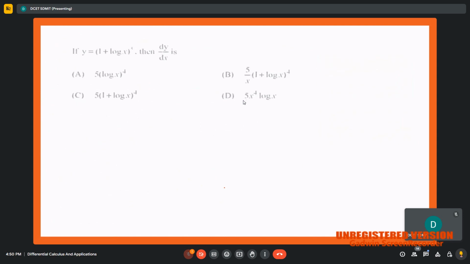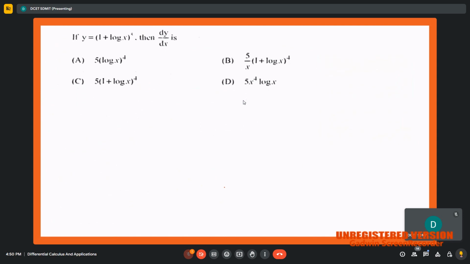Now I will take one problem. Can you tell the answer? If y is equal to 1 plus log x to the power of 5, then dy by dx is. Which option is the correct answer for this? Tell me fast. B. Yes.